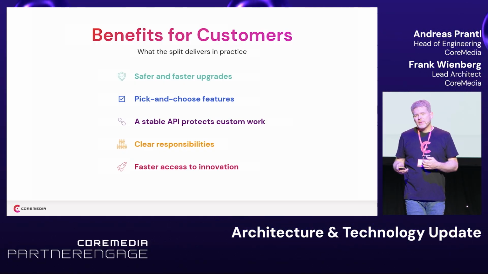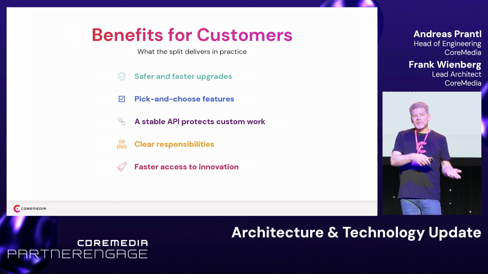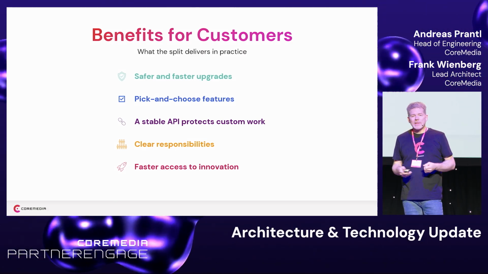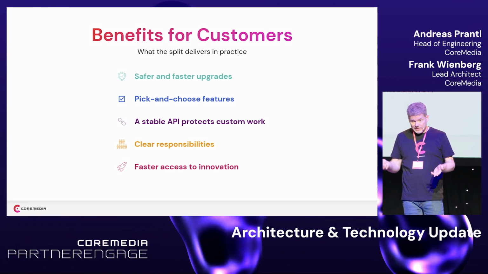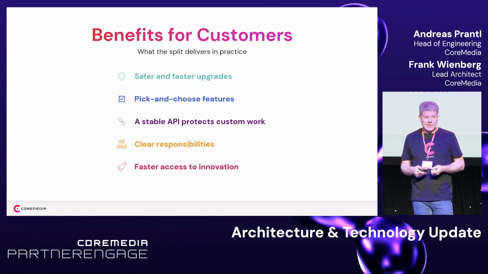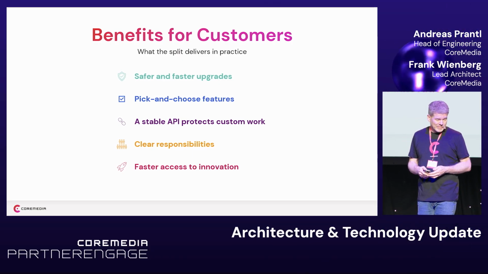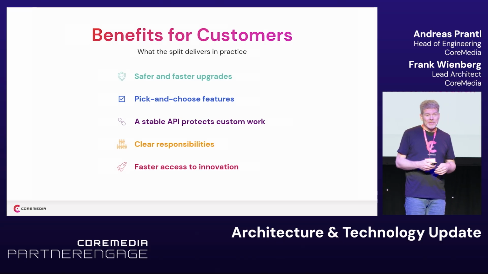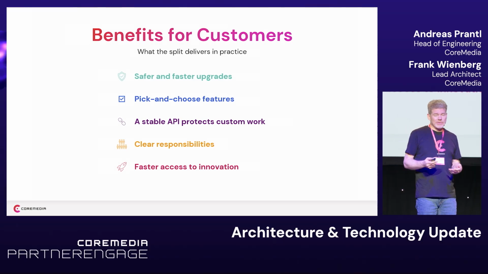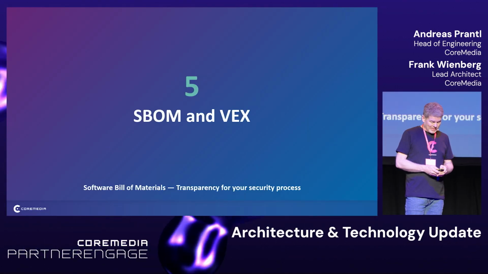And it's a clearer distribution of responsibilities, which feature is maintained by whom. All in all, you also get faster time to market for your features and faster updates of the CoreMedia system. So try it out. Talk with us if you are unsure of how to implement plugins. I think it's really a good thing.